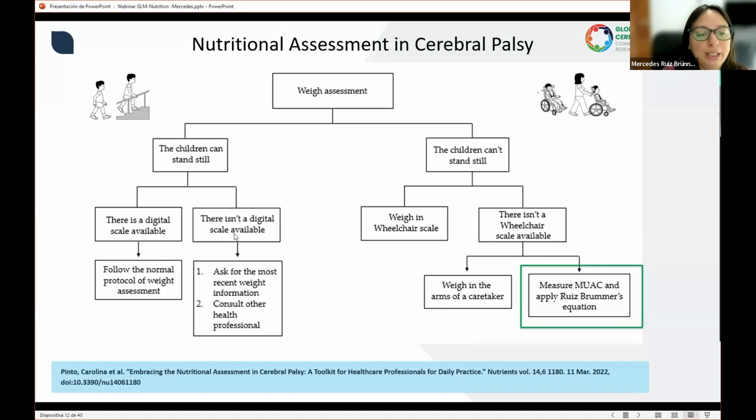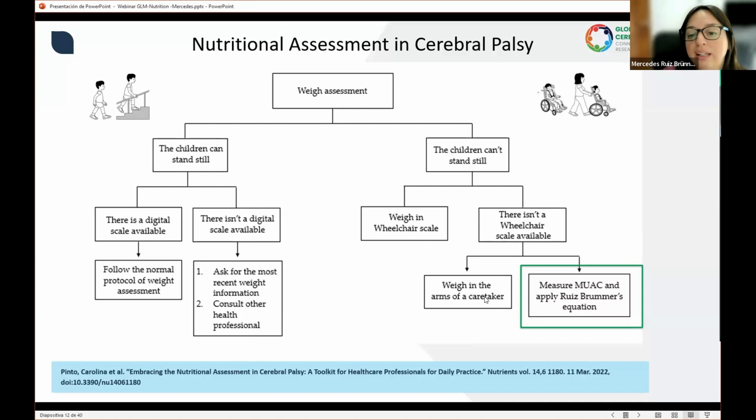And if you don't have a digital scale, you can go through their recent information or ask different health professionals. When you have children that cannot stand still, you can use a wheelchair scale, or if you don't have one available, you can use our equations to estimate weight.